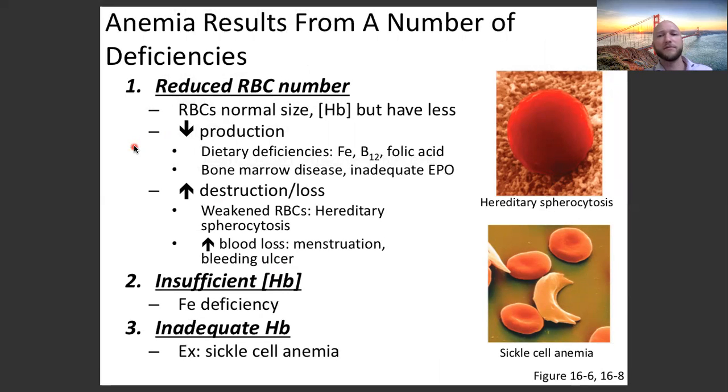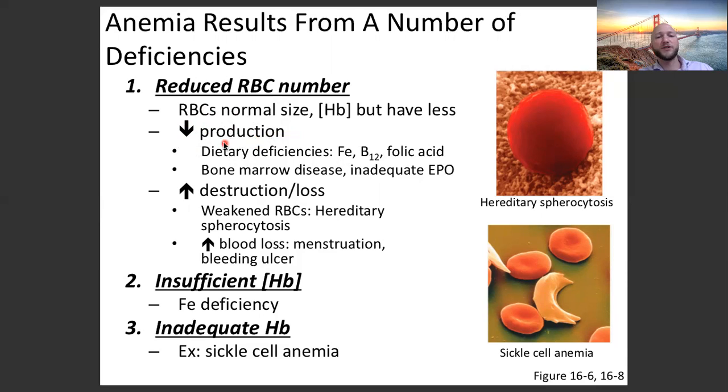They live for 90 days, and then they're destroyed at a certain rate. There's a balance. The rate of production is equal to the rate of destruction. If you decrease the rate of production, but you keep the rate of destruction the same, you're going to have a decreased number of red blood cells overall. You're going to have anemia.